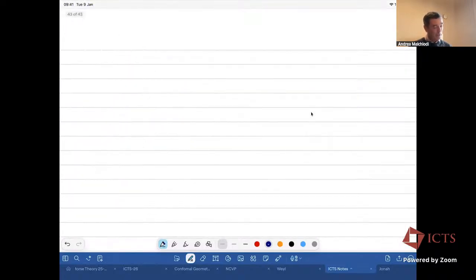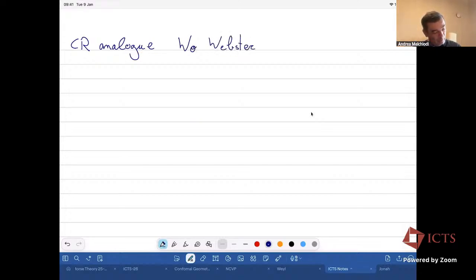So let's consider now the CR analog. I call W_theta the Webster curvature. We are on a manifold M of dimension 2n+1 with (J, theta).